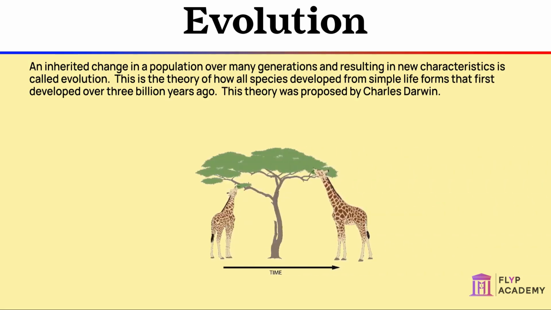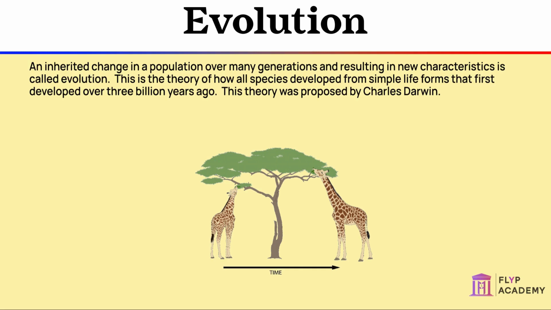Let's take giraffes as an example. A long time ago, giraffes may have had shorter necks. There would have been some variation within the species, and they would have eaten the leaves that they could reach. As the food at a low level started to run out, those giraffes with longer necks, due to a mutation in the genes, would have been able to reach the higher leaves that the others could not.